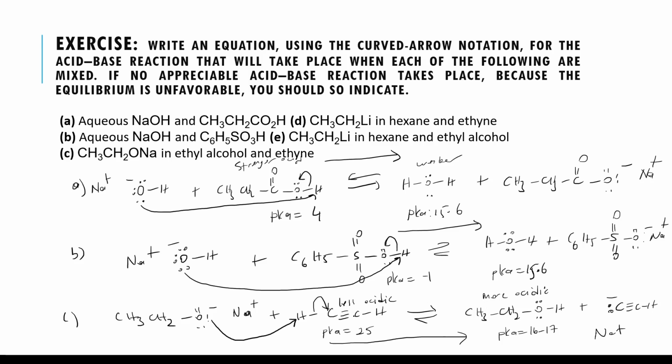The reactant is less acidic and sodium ethoxide is probably also less basic, and the alkyne anion is more basic. So this reaction does not tend to go as written. The opposite reaction is feasible, but the forward reaction is not feasible. So let's say that the reaction is not feasible.